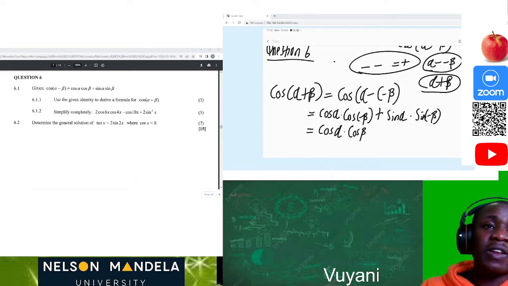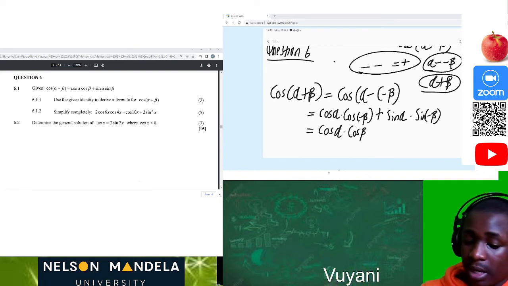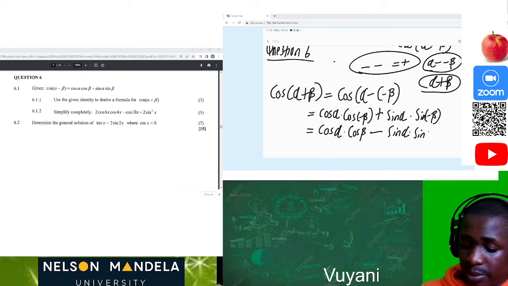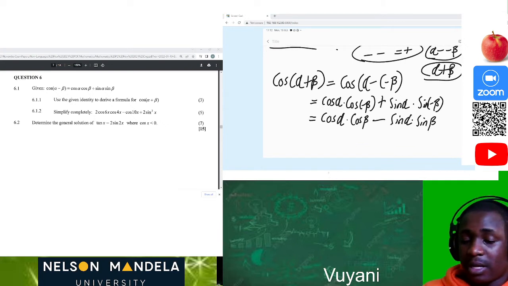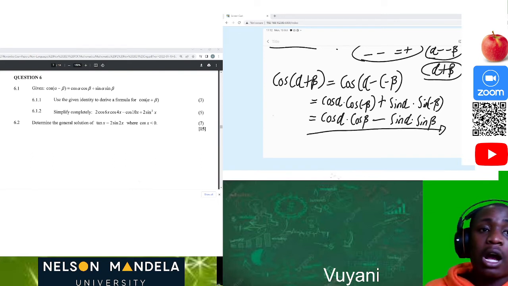Why? Because cos of a negative angle is always positive. Then we're going to have negative sine of alpha multiplied by sine of beta, because that negative will multiply as the scalar multiplier. Then we'll end up having this, and we know that this is true according to compound angles.